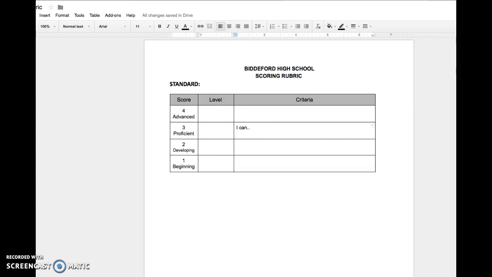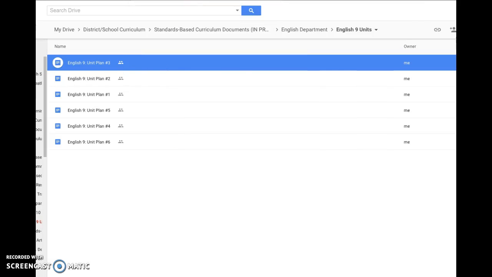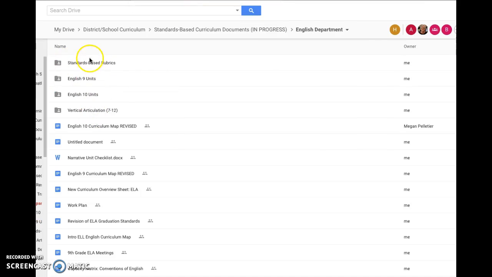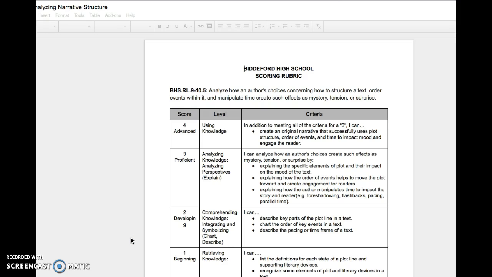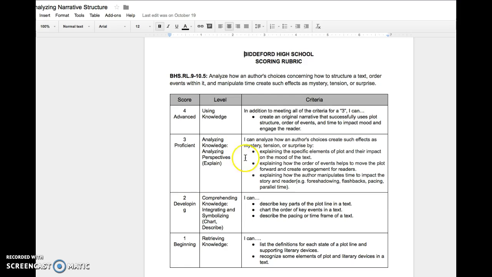I can certainly show you some of these rubrics that you already have, because I gave you copies of them. For that unit that you have a copy of, one of the rubrics looks like this. It's for that first standard, analyzing an author's structure.